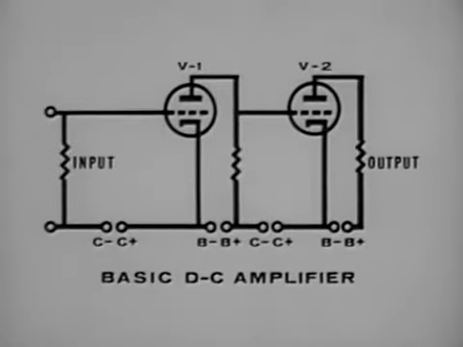Chief disadvantage of DC amplifiers is that due to distributed capacity in the circuit, the response drops off in the high-frequency range. Direct coupled amplifier circuits are used chiefly in vacuum tube voltmeters, in oscilloscope deflection amplifiers, and in radio teletype circuits.